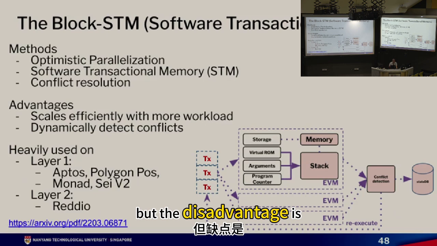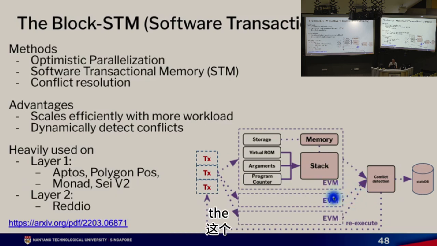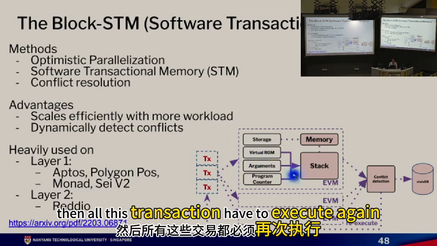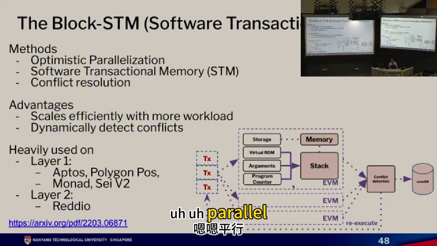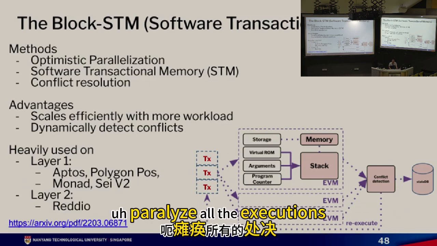But the disadvantage is, if all the transactions, say 500 transactions, all conflict, then all these transactions have to execute again. That slows the performance of parallel execution, making it much harder to parallelize all the executions.